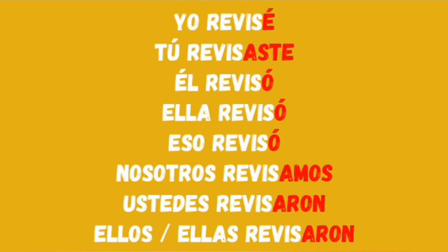If you want to say you checked or you reviewed, you have to say tú revisaste. If you want to say he reviewed or he checked, you have to say él revisó.